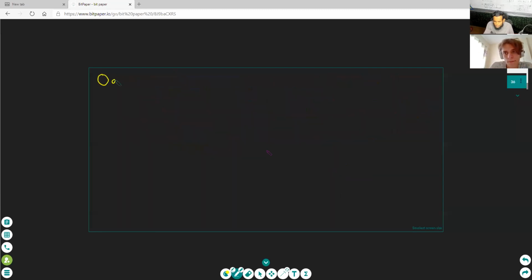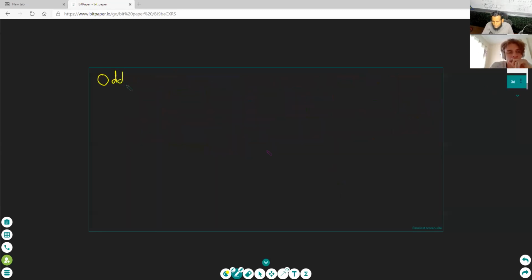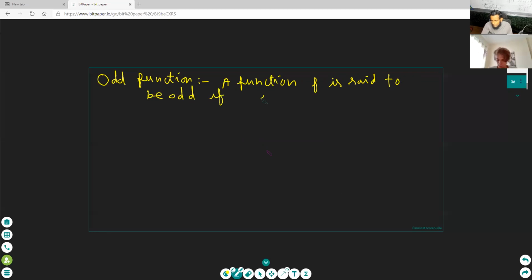A function f is said to be odd if f of minus x equals minus f of x.